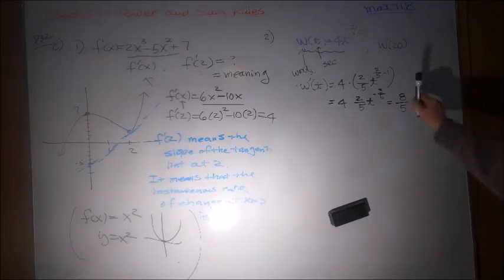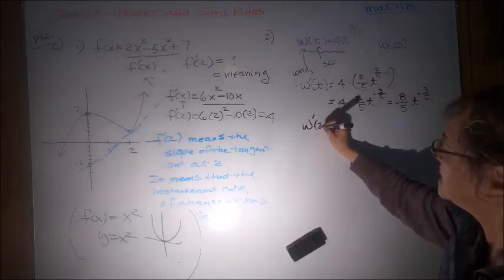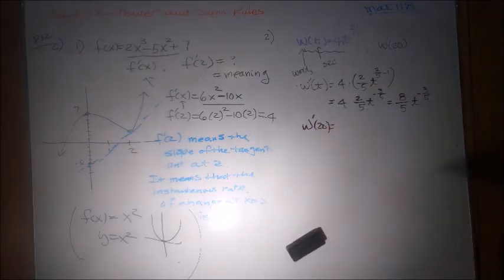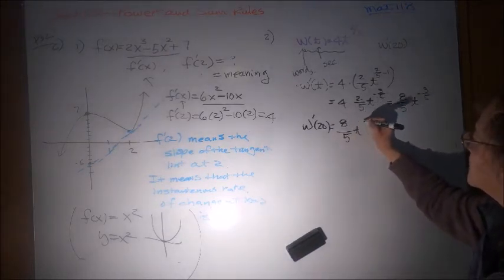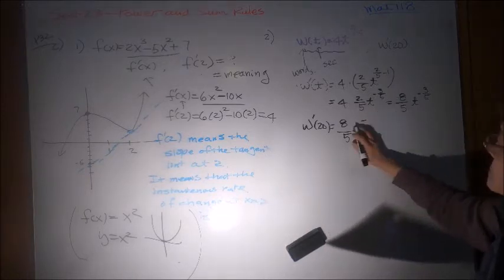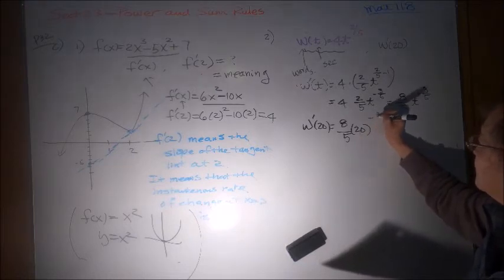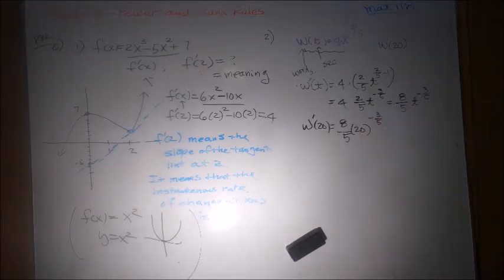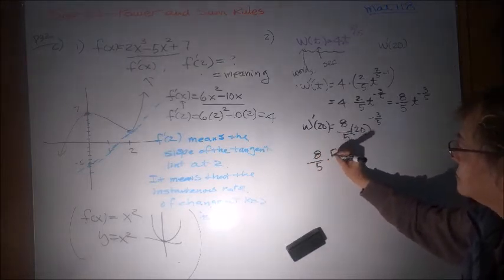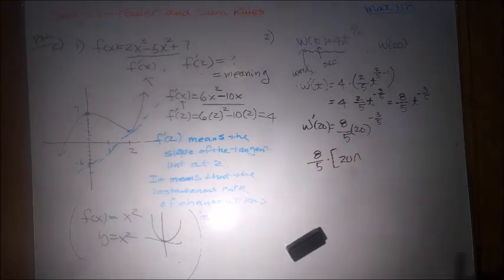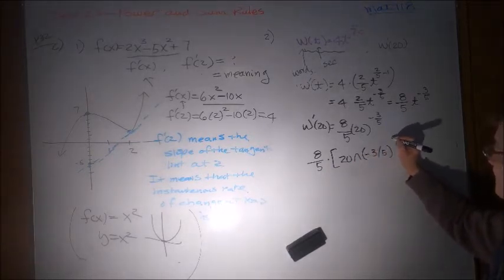Then it asks us for 20. So we plug in 20, right? Then use your calculator to find the answer. 8/5 t to the negative what? Oh, t is 20 now. 20 to the negative 3/5 power. Then you use a calculator to do that. How do you do that? You do 8/5 times 20 to the power of negative 3 divided by 5.